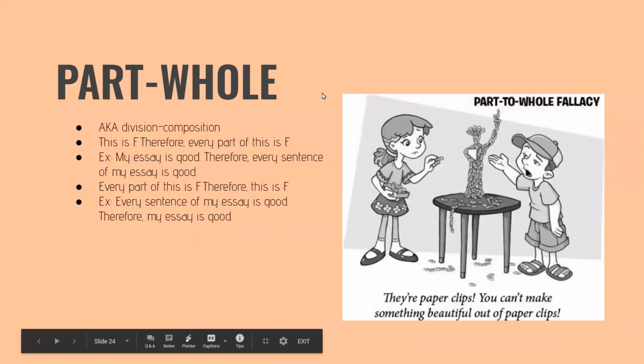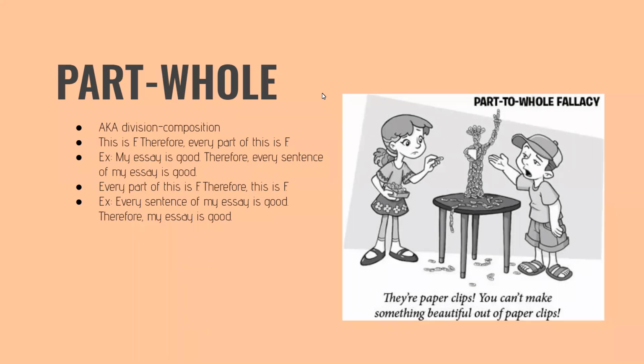This next one is also called division and composition. So, part-whole: this is F, therefore every part of this is F. For example, my essay is good, therefore every sentence of my essay is good. Or: every part of this is F, therefore this is F. For example, every sentence of my essay is good, therefore my essay is good.